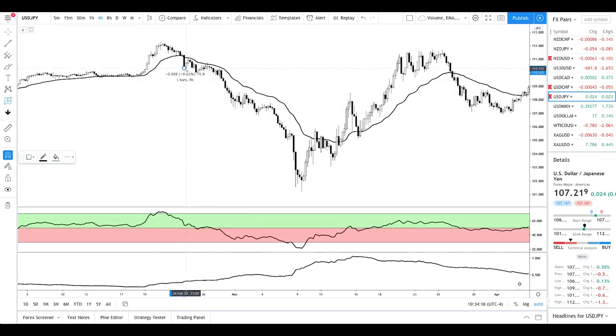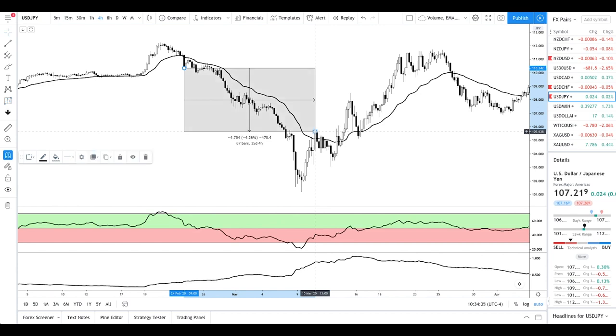And I mean, if you want to add extra confirmation, wait for a retest of that line, of your moving average line, you could totally do that. That's up to you. But yeah, if you want to enter there, wait for price to get oversold, and then wait for price to cross the moving average again. This one here would have only been 15 days, so half a month, bank 470 pips on that.